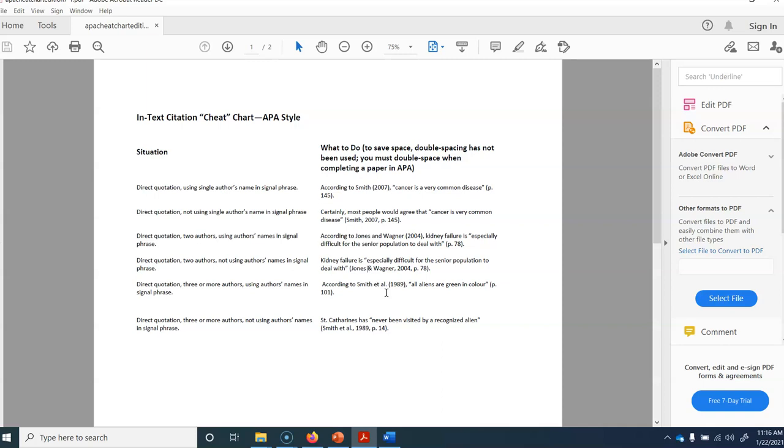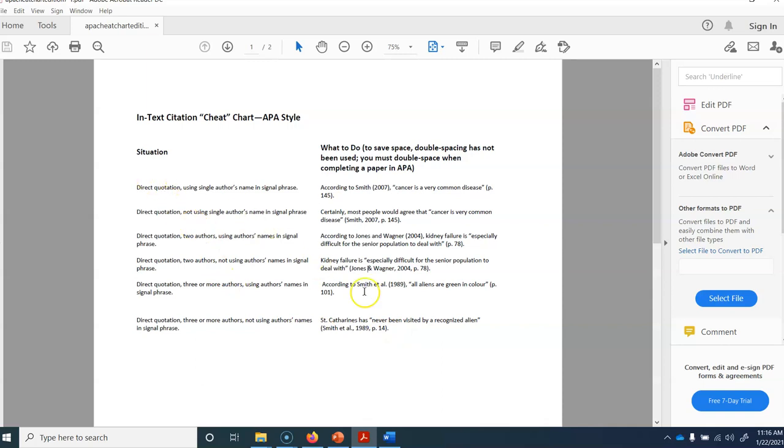Okay. But if I have 3 or more authors, but I'm not going to use their name in my phrase, I instead go back to that super bracket where I put all of the information together. And this time I say Smith et al., period, comma, year of publication, comma, P, period, space, page number, close the bracket, period.